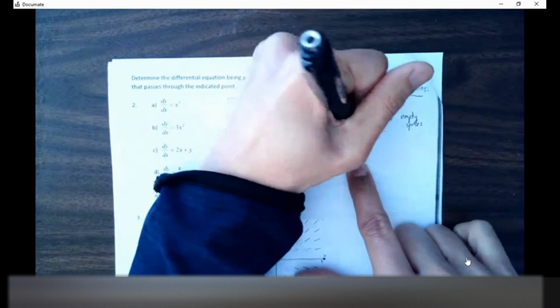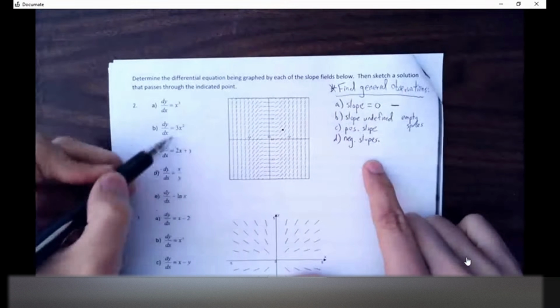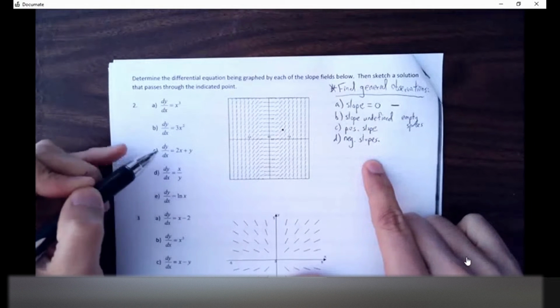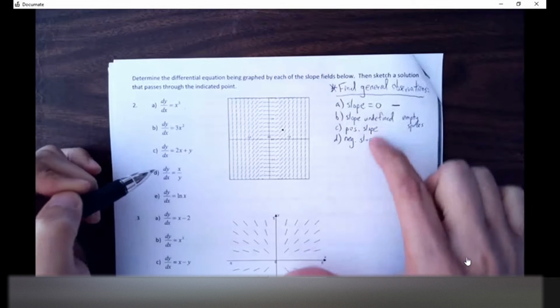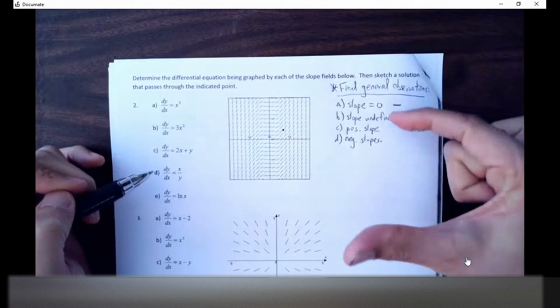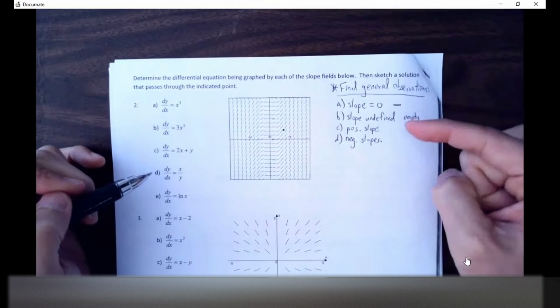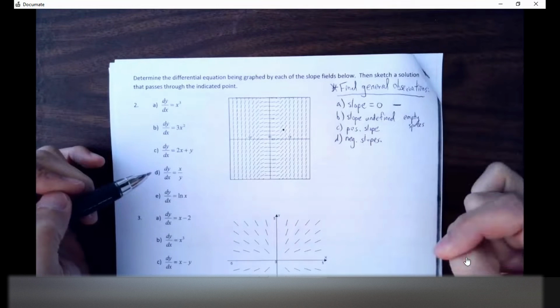Positive slopes, that's easy to identify. We want to look for a cluster of positive slopes, and then if we can, we're going to look for a cluster of negative slopes. So if I can say, oh, everything in the first quadrant looks like positive slope, I can use those observations to quickly eliminate my wrong choices if I see any choices that are conflicting with my general knowledge of what I see. Okay, so I'm going to make observations based off of things that are easy to identify. Slope 0, undefined slope, positive slope, and negative slope.